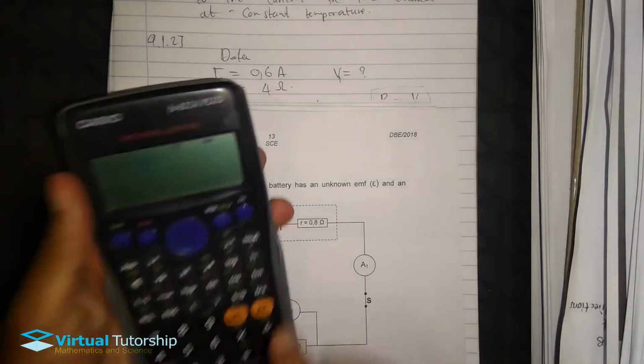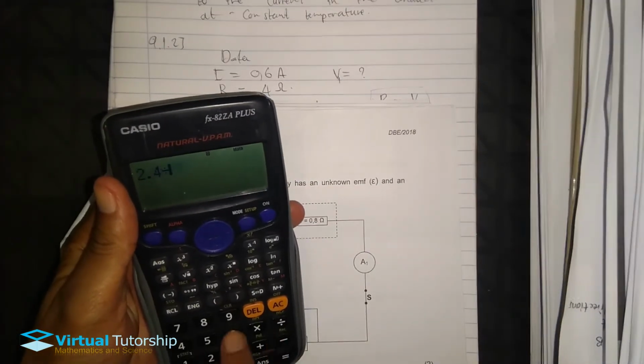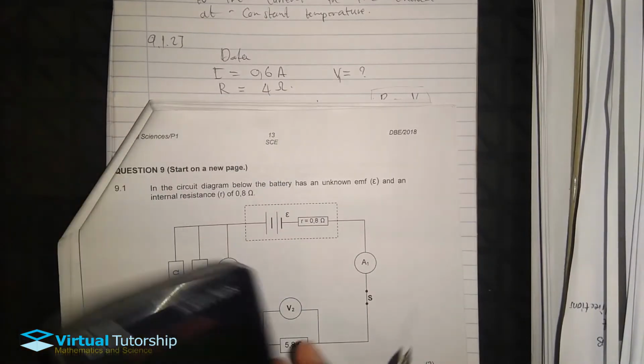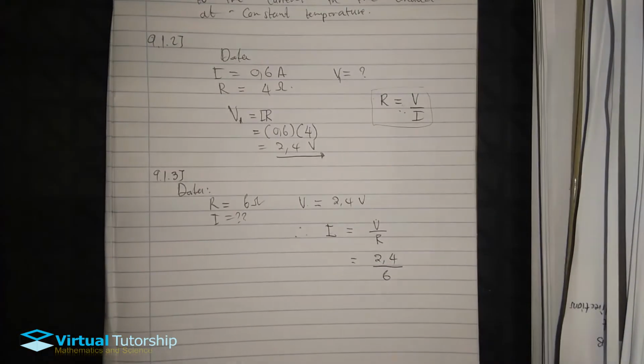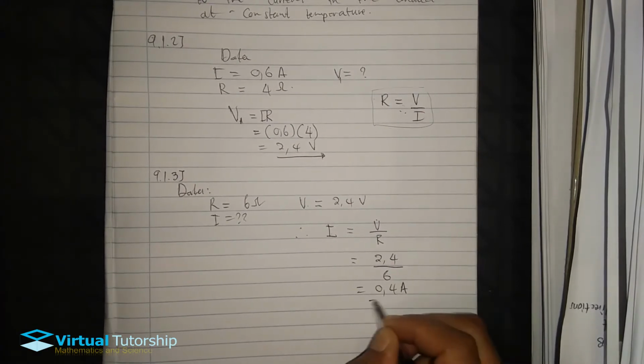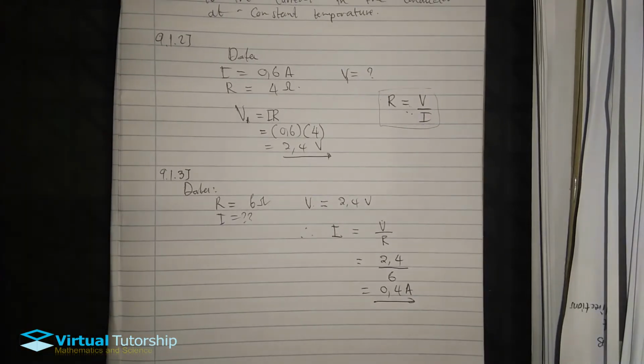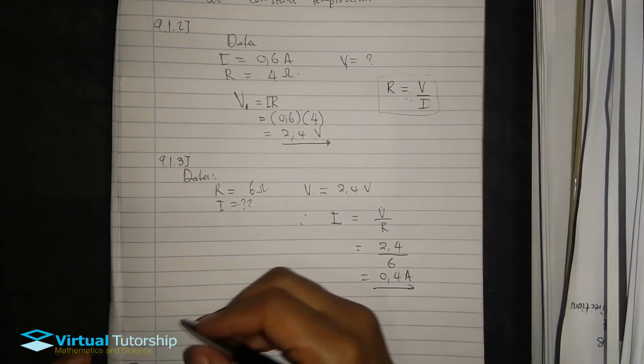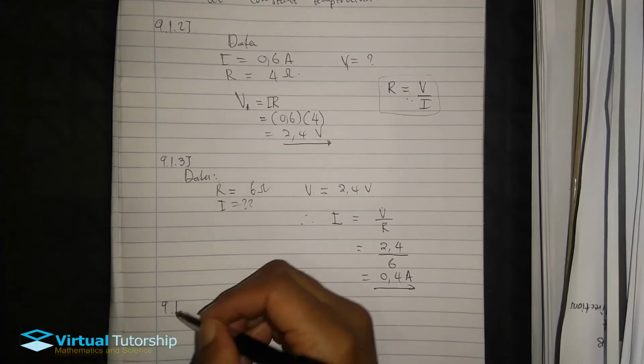So 2.4 divided by 6 is equal to 0.4. Current is in amperes, so I must check my units with current.